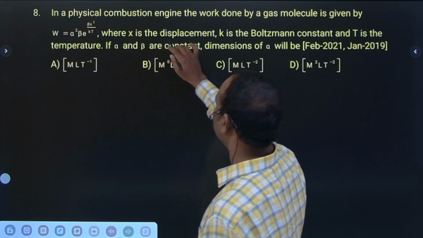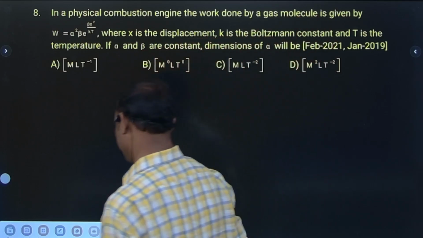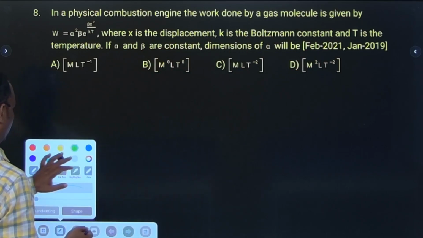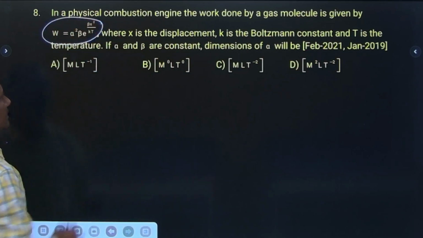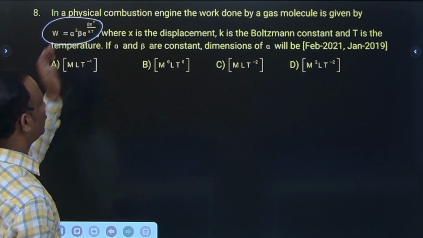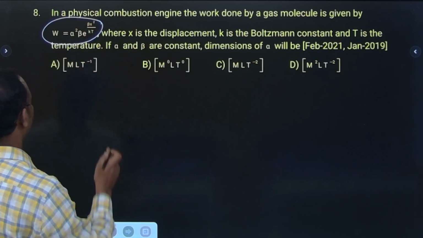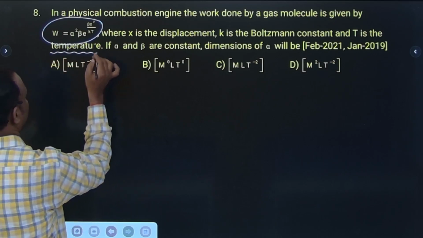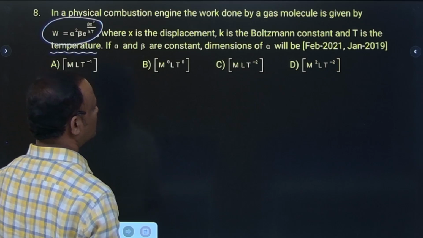The next question is about the physical combustion of an engine where the gas molecule something is given. Here x is the displacement, k is Boltzmann's constant, T is the temperature. Please remember this dimension formula of k. Alpha and beta are constants.